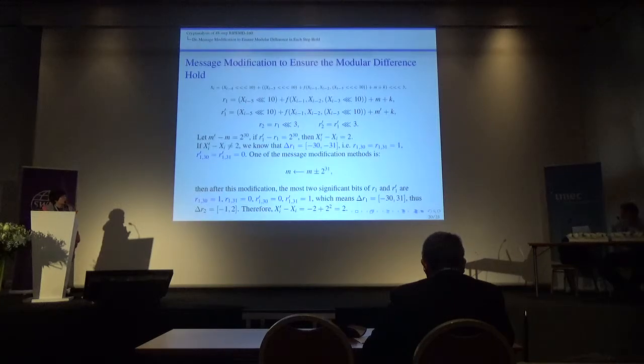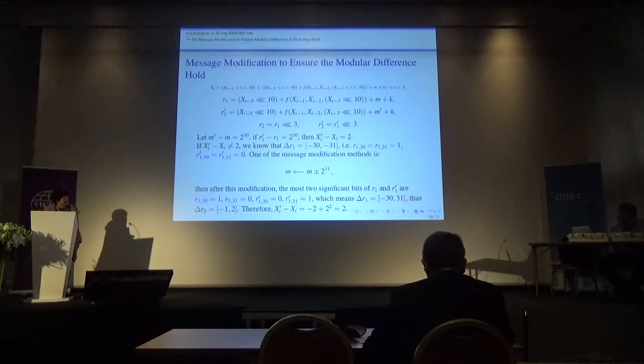So if it is not equal, we can do the message modification. If it is not equal, we know that this expression holds. That means R1 is larger than R1 prime. There are many methods to do message modification.